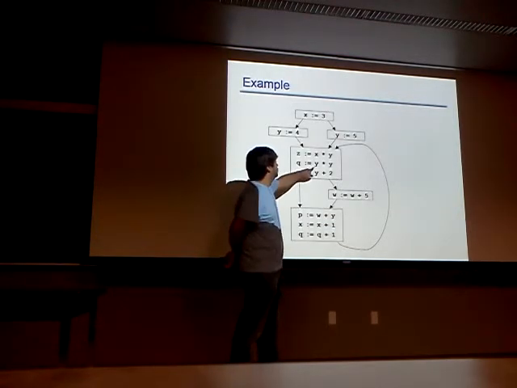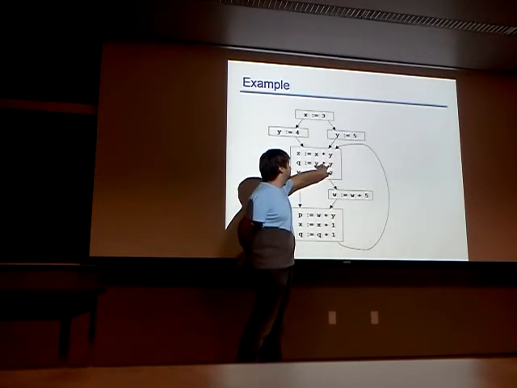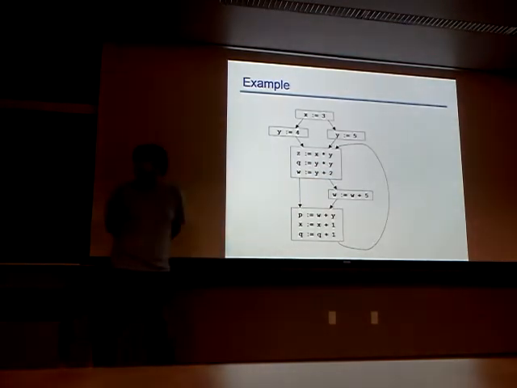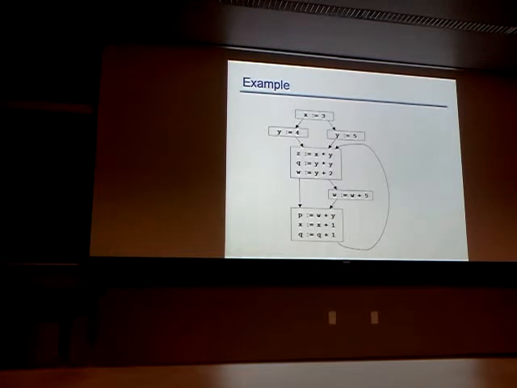So this y times y is loop invariant. It computes the same thing every time you run it. Cool. What else is loop invariant? Are we talking about statements or variables? Expressions or statements, whichever. This expression y times y is loop invariant.